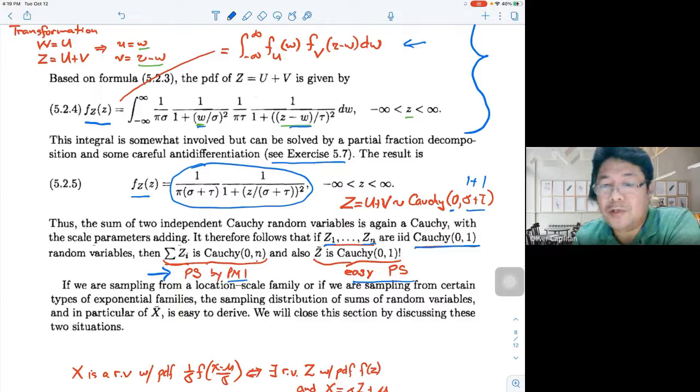Any questions or any clarifications? I just want to emphasize here that in this example, the MGF technique cannot be used.